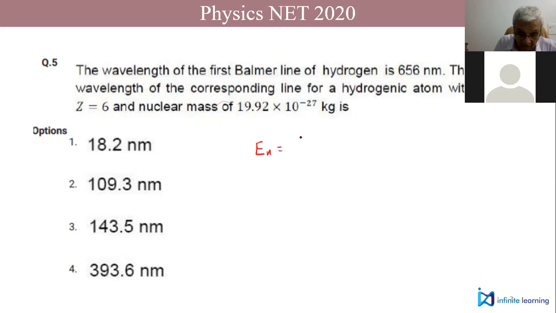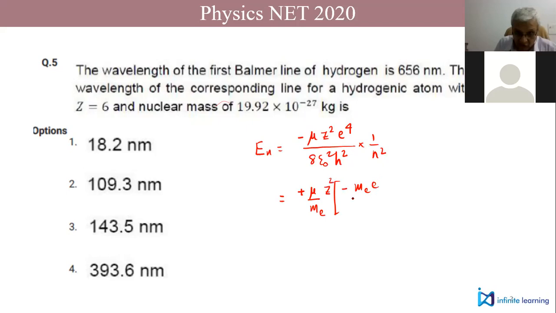E_n equals minus 13.6, wait, Z square. Don't jump. So this is actually, if I take mu divided by the mass of electron, I'll put minus m_e Z square e to the power 4 over 8 epsilon_0 square h square, times 1 by n square.